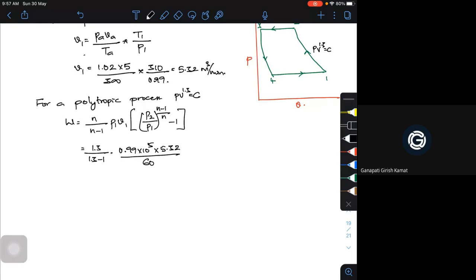So 5.32 divided by 60 into 7.95 divided by 0.99 whole to the power of 1.3 minus 1, and so on.